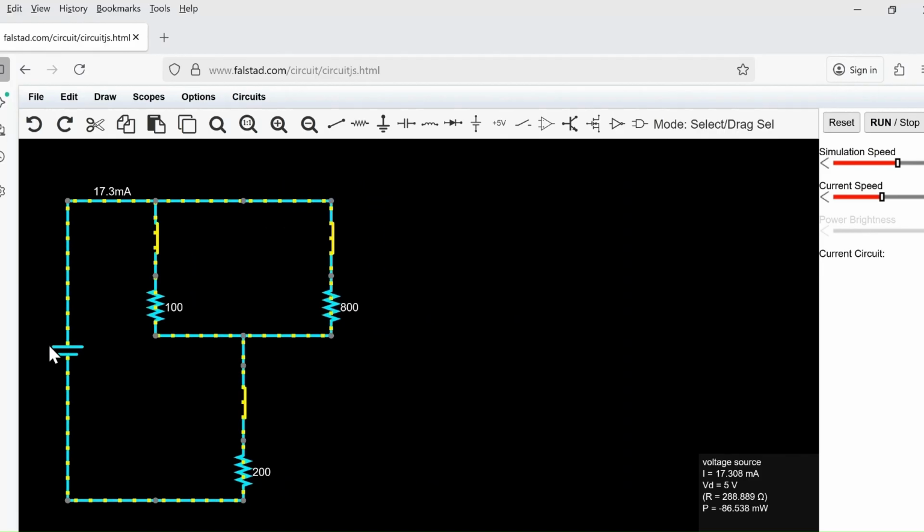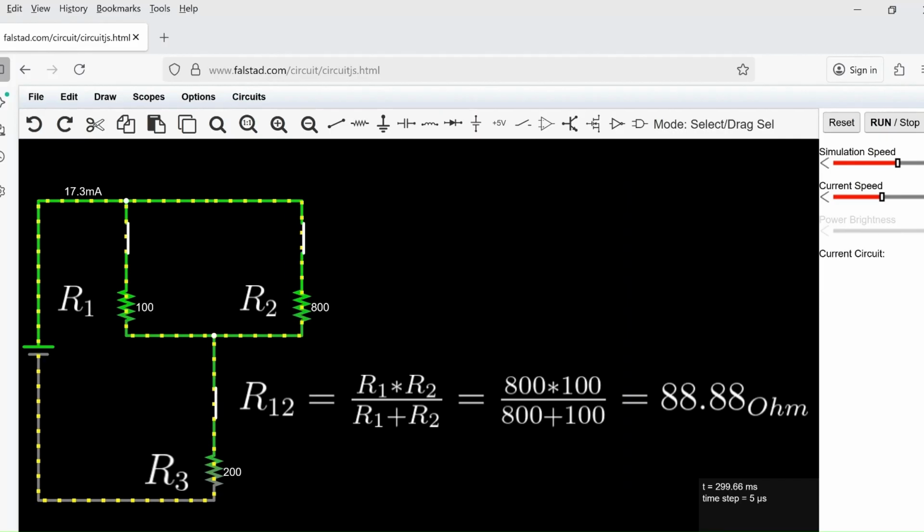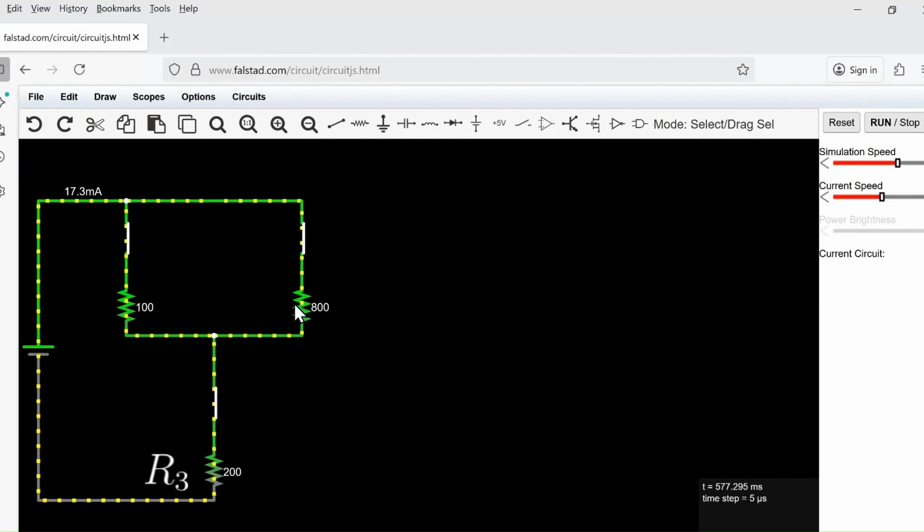If we label the resistors as R1, R2, and R3, with R1 and R2 in parallel, the total resistance of R1 and R2 is R12 equals R1 times R2 divided by R1 plus R2. That is 100 ohms times 800 ohms divided by 100 plus 800, which equals 88.88 ohms.